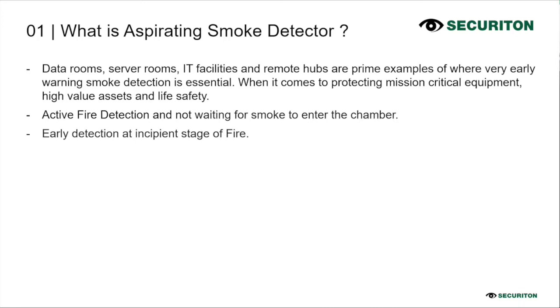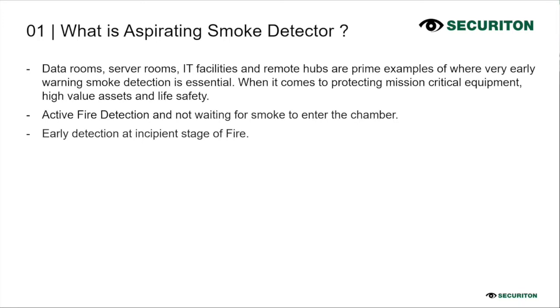It means it detects the smoke at a very incipient stage of fire, when the fire is not seen with the naked eye. The air samples collected by using a sampling pipe with multiple holes are captured and filtered. The dust filter removes the dust to avoid false alarms, and then the highly sensitive detection unit reacts if smoke is detected.